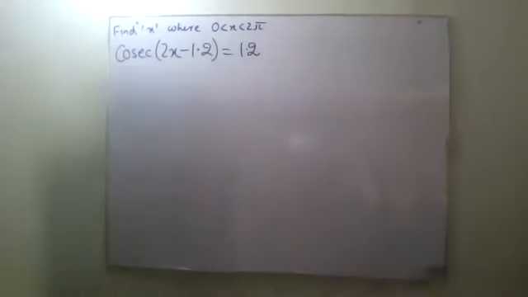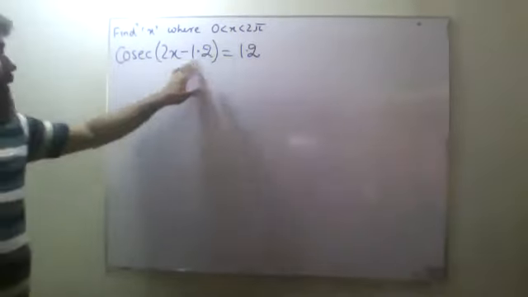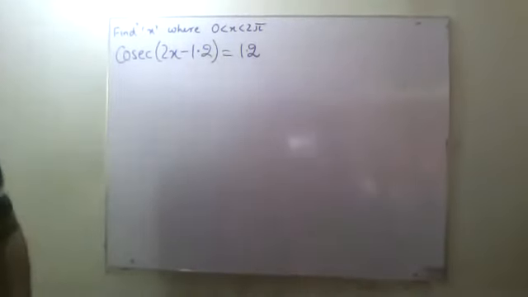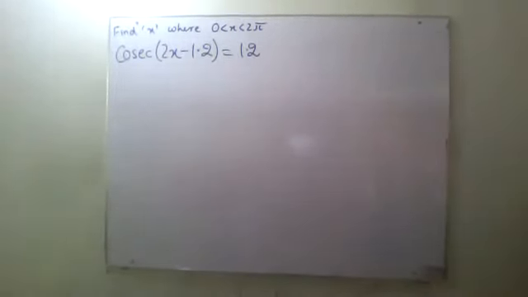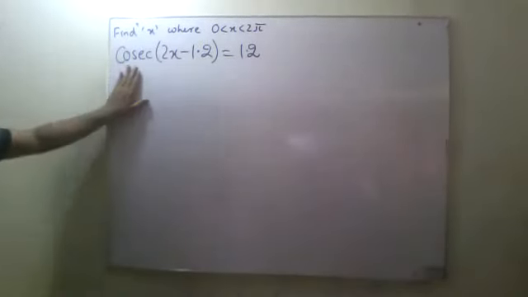This is my new question: cosec(2x minus 1.2) equals 1.2, and we have to get the value of x.